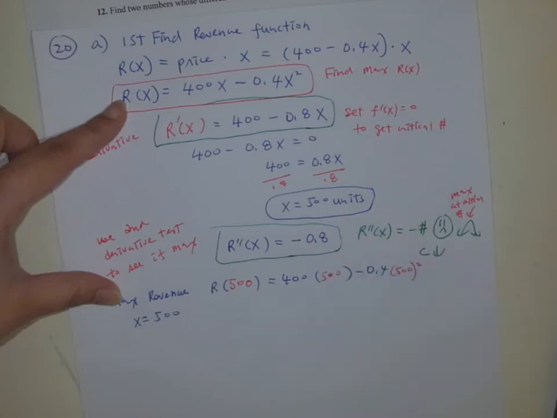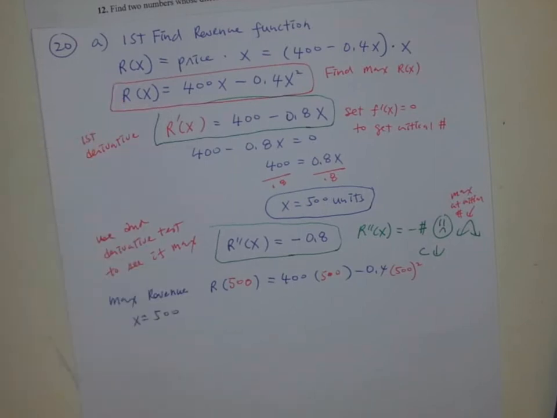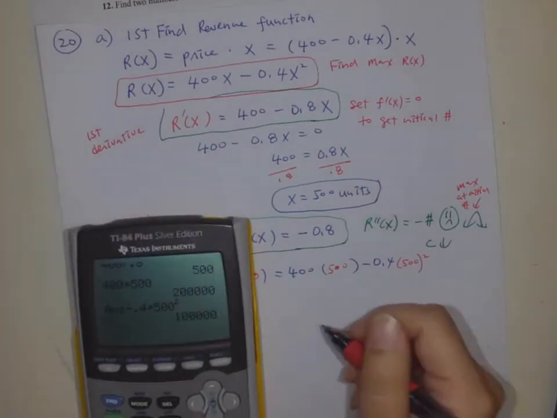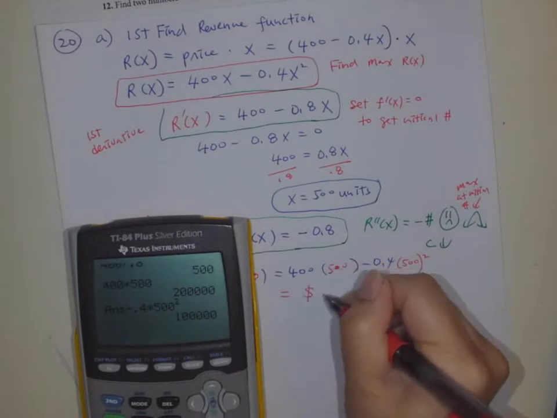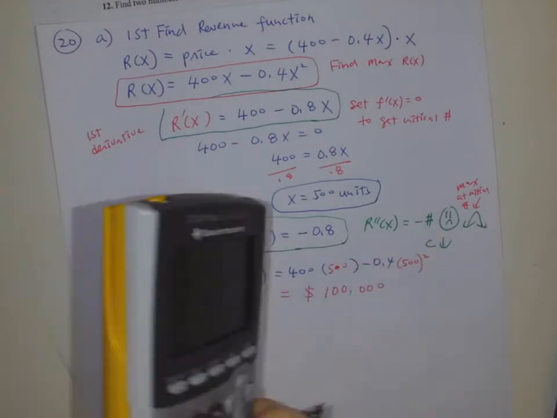You can use your calculator: 400 times 500, subtracting 0.4 times 500 squared. Hopefully you will get 100,000, right? So that's your maximum revenue.